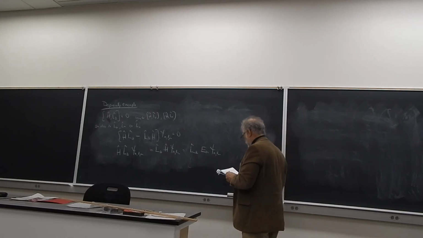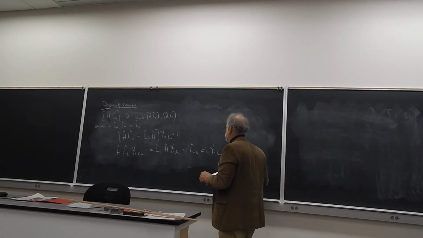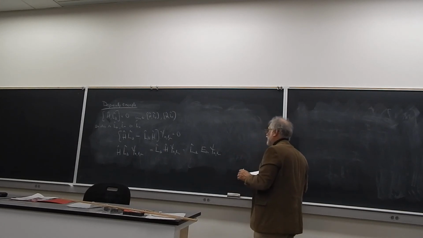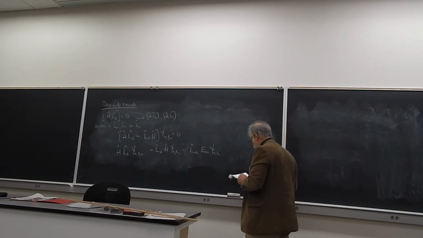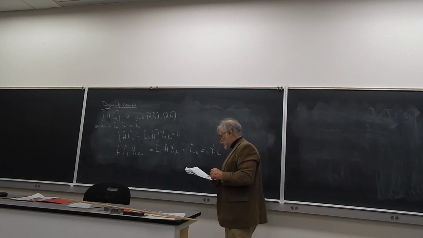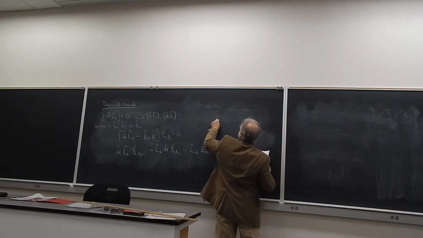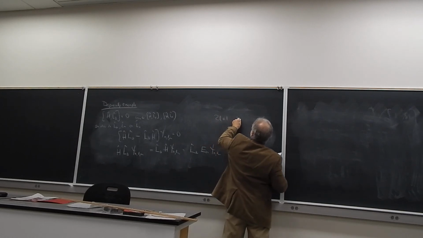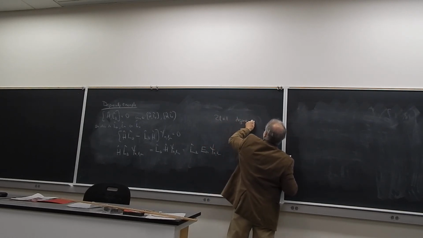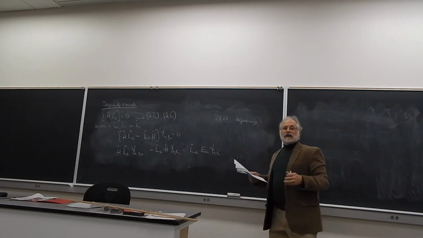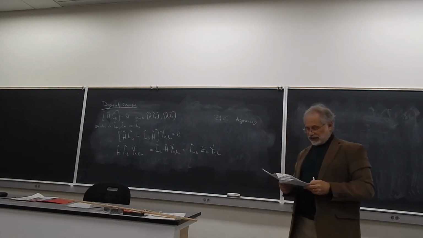So rotational invariance explains why states that differ only in m have the same energy. Since you have 2L plus 1 different values of m, all of which have the same energy, we say 2L plus 1 is the normal degeneracy expected for cases of rotational symmetry.